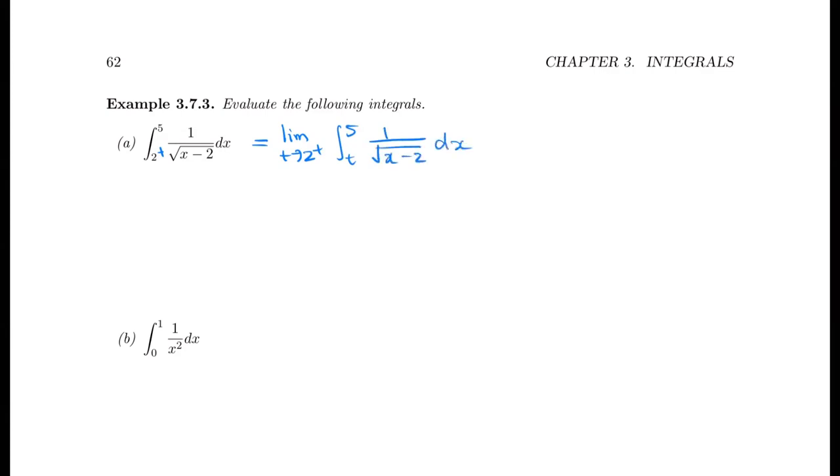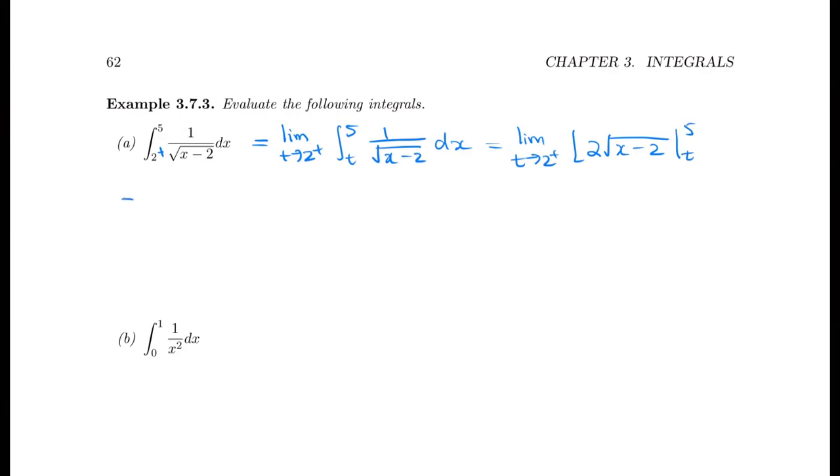This integral is given by the limit as t approaches 2 from the right of 2 times the square root of x minus 2, between t and 5.